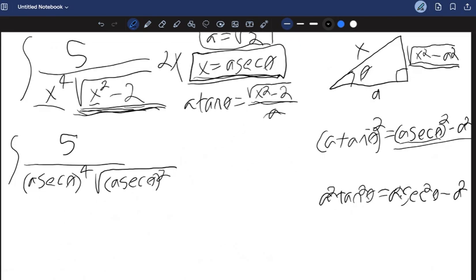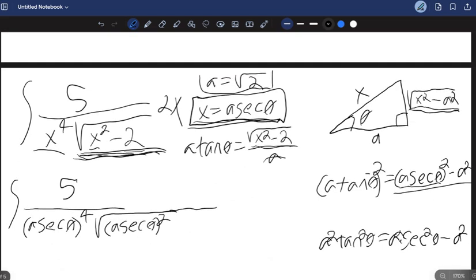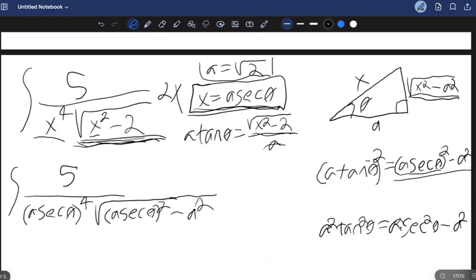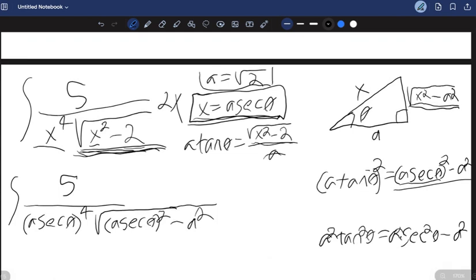So we're substituting a secant theta into x, and a as square root 2, so that's a squared. From this, we already found earlier that a secant theta squared minus a squared is equal to a tan theta squared.